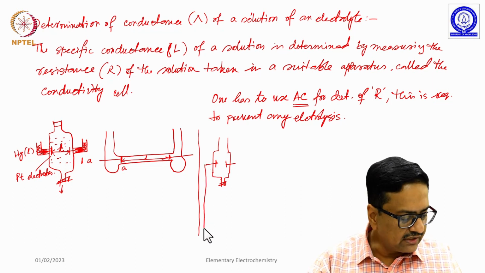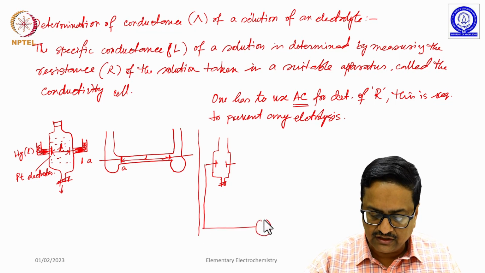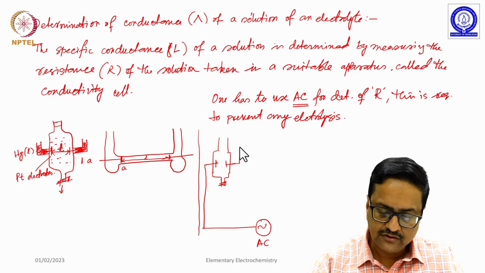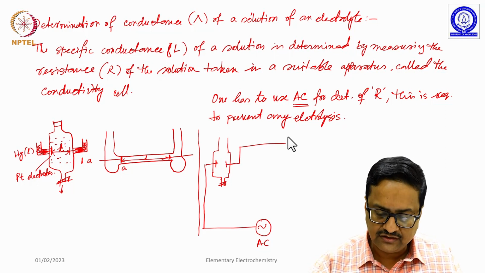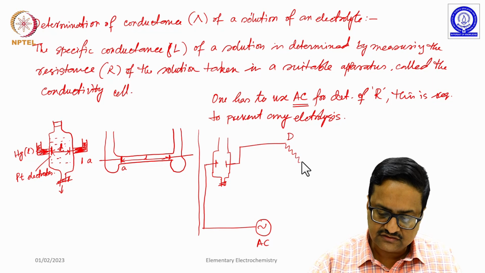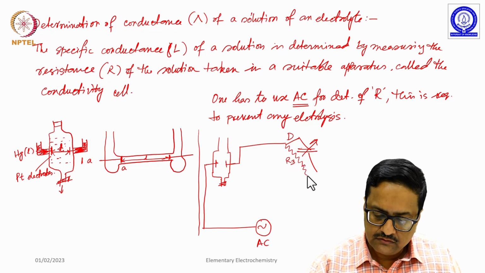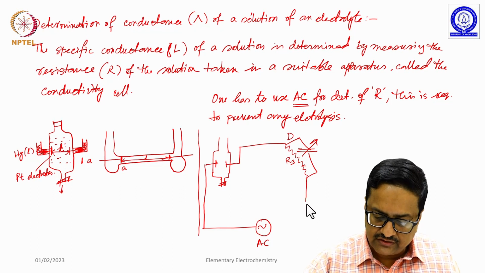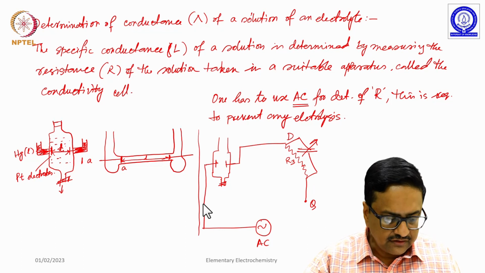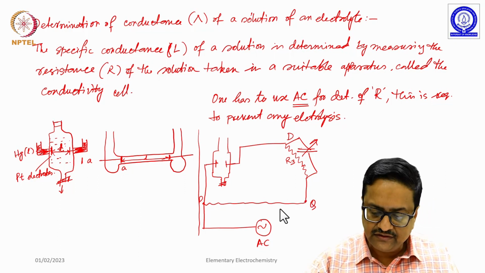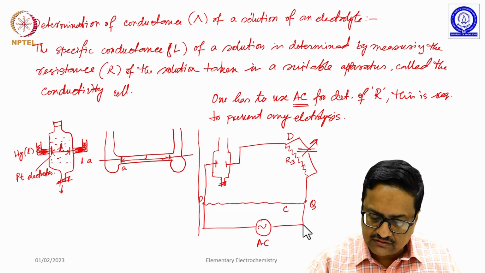These two electrodes are supplied with AC current, and it is connected through the point D, which has a variable resistance R3, and it is connected to a point Q, and here you have a point P on which you have a uniform wire C, and these two points are further connected.